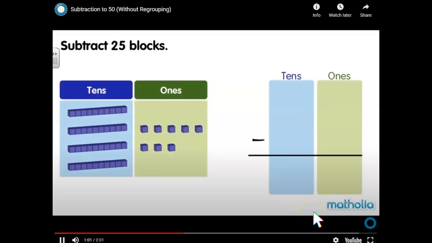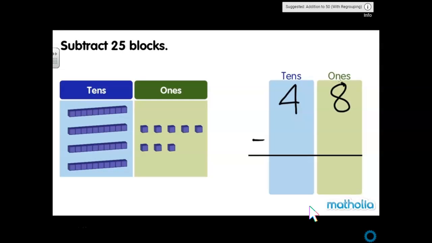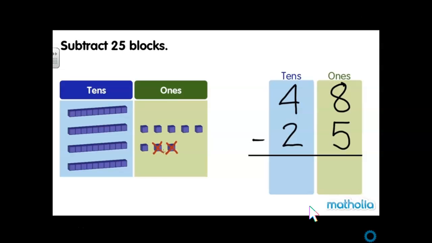Subtract 25 blocks. There are 48 blocks. We subtract 25 blocks. Start by subtracting the ones. 8 ones minus 5 ones equals 3 ones.